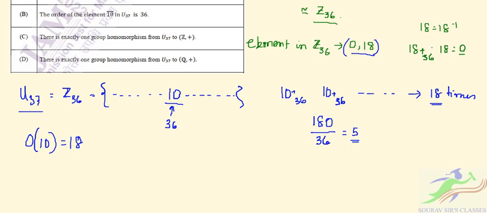So let us also check C and D. In C it is saying that there is exactly one group homomorphism from U37 to Z plus. U of 37 is isomorphic to Z36. So we need to find the group homomorphisms to Z plus, right?